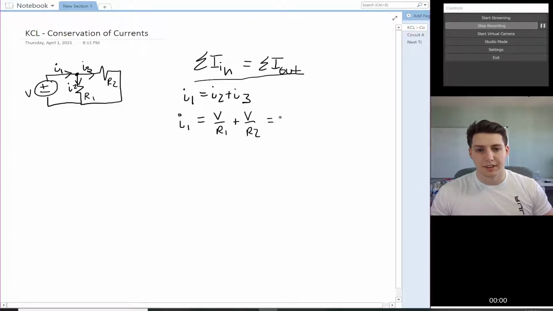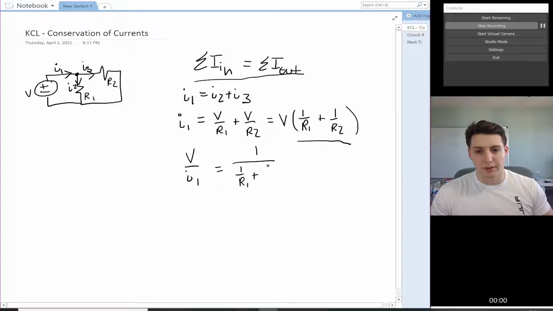We can simplify that one step, and if we take V divided by I1 and put this on the other side, we'll have V over I1 is equal to 1 over R1 plus 1 over R2.